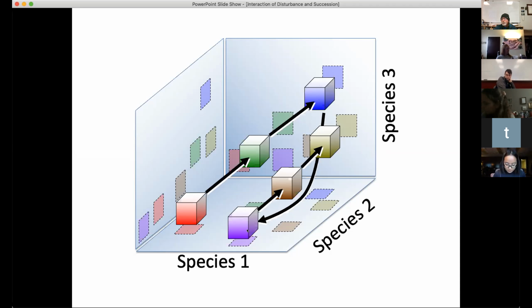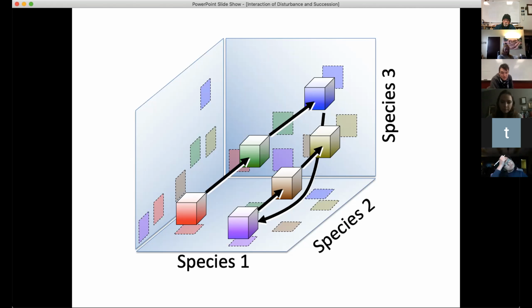Does anybody have any questions about this? Would you guys call this a simple model of primary or secondary succession? Secondary. Yeah, good. And you can imagine how if it was primary, you could start out with a different set of 3 species if they're colonized by 3 different species.